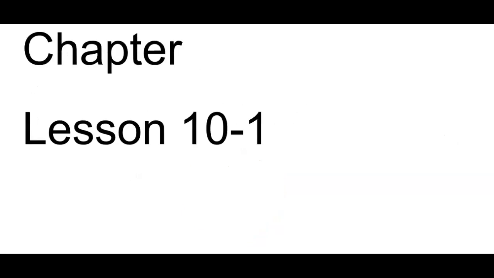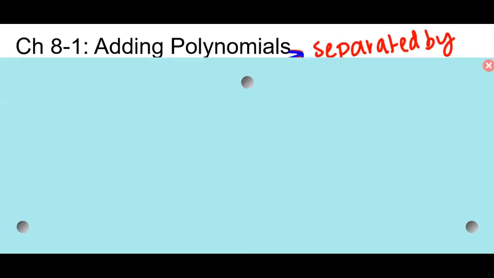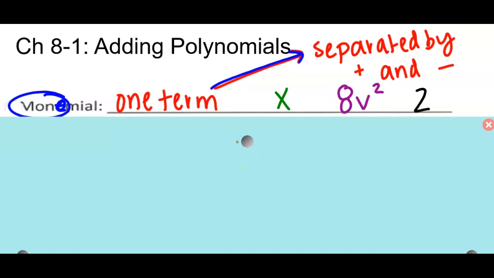Chapter 10:1. We're going to talk about polynomials. Polynomials can be found in different ways: a monomial, a binomial, a trinomial, or a polynomial. So what do all of those mean? Well, a monomial is something with only one term, like x, or 8v squared.